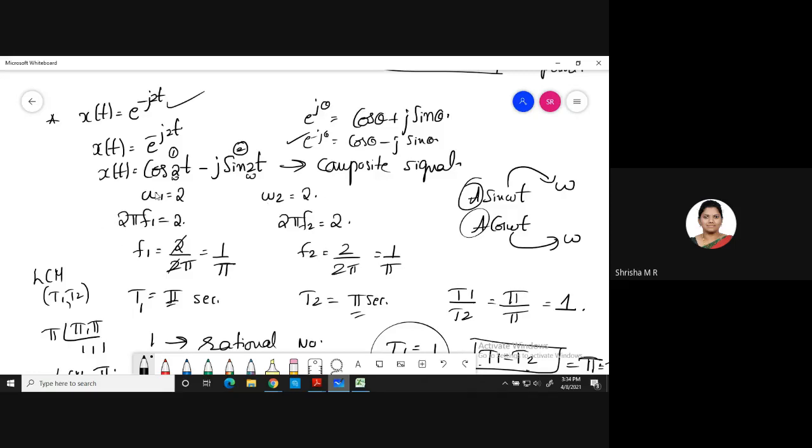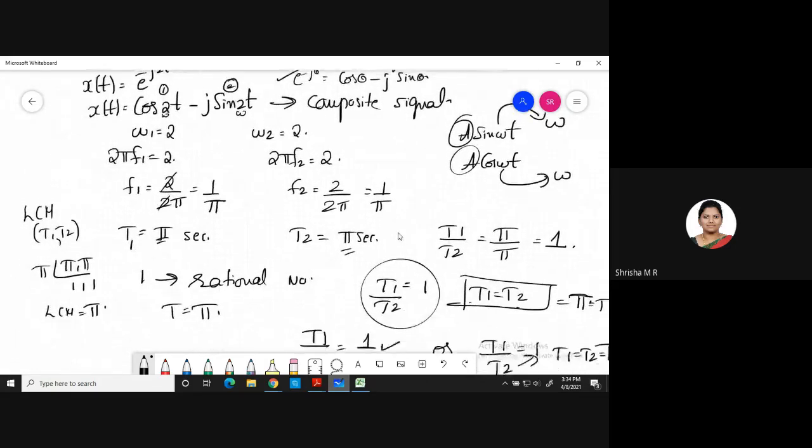We'll write omega in the form of 2 pi f. So 2 pi f1 is equal to 2. F1 is nothing but 1 by pi. So time period T1 is pi seconds, the reciprocal of frequency. Similarly, 2 pi f2 is 2, so f2 is 1 by pi, and T2 is also pi seconds.